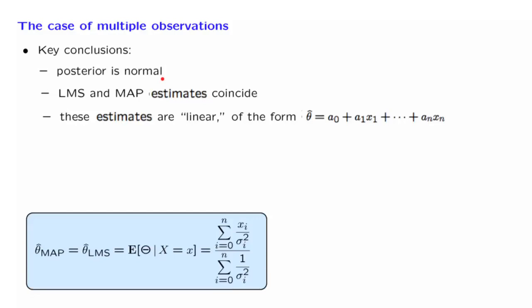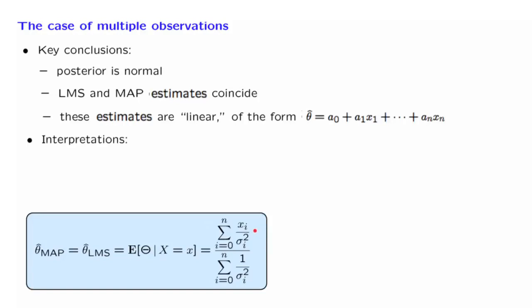Because it is a normal distribution, the location of its peak is the same as the expected value, and for this reason the conditional expectation estimate and the maximum a posteriori probability estimates coincide. And finally, the form of the estimates that we get is a linear function in the xi's. And this linearity is a very convenient property to have because it allows further analysis of these ways of obtaining estimates. How do we interpret this formula?